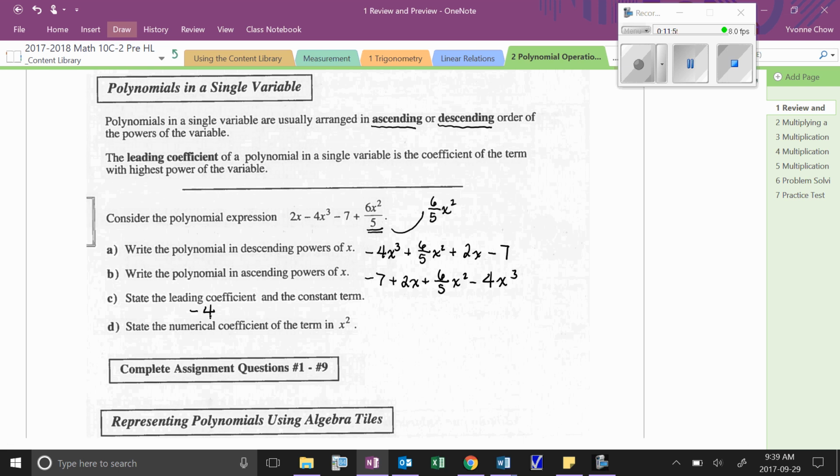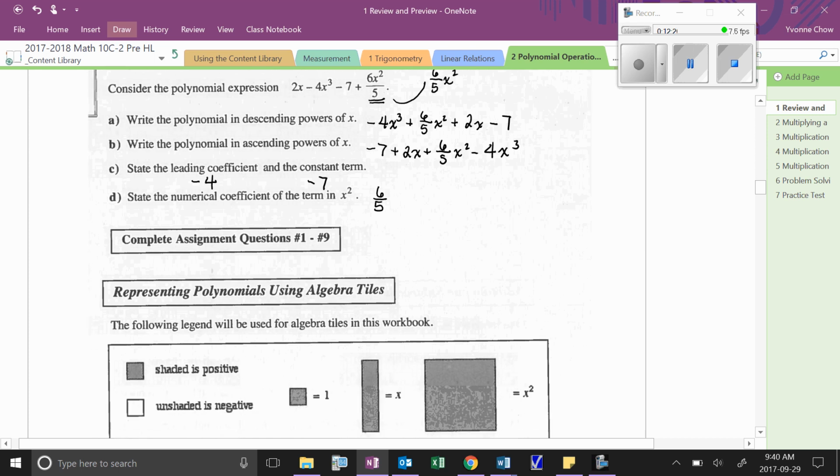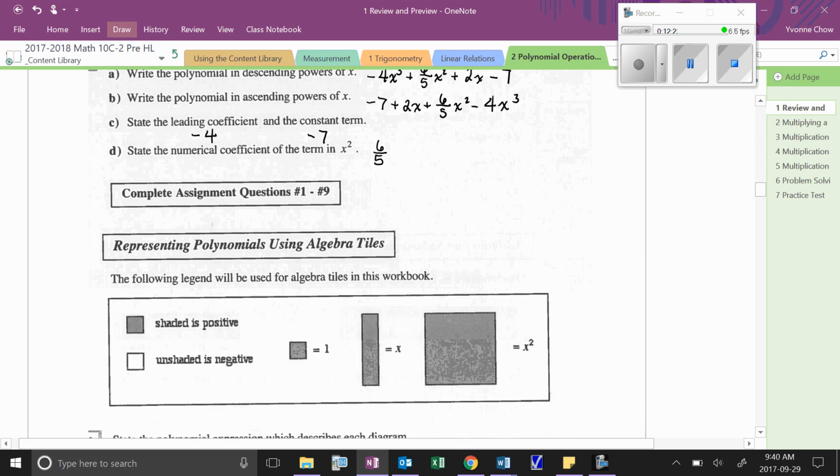And the constant term in this case is negative 7. So if we state the numerical coefficient of x squared, we're looking at what value is multiplied by the x squared, and that is 6/5. Okay. Most times you're going to see it written in descending order of degree, but you do occasionally see it in ascending order of degree as well.